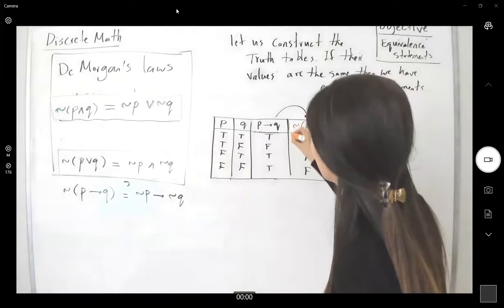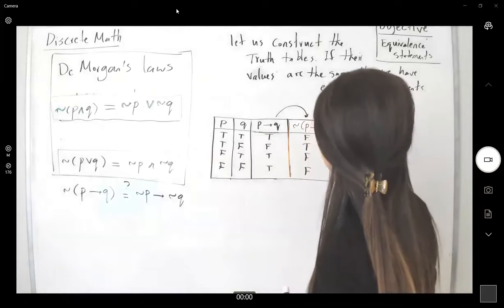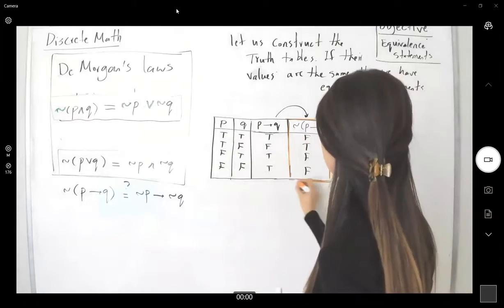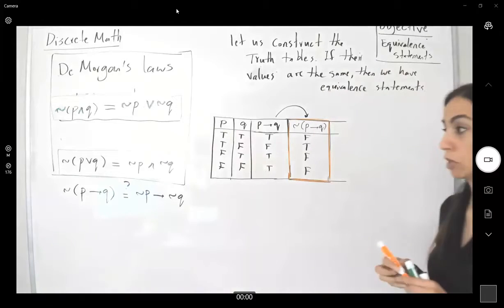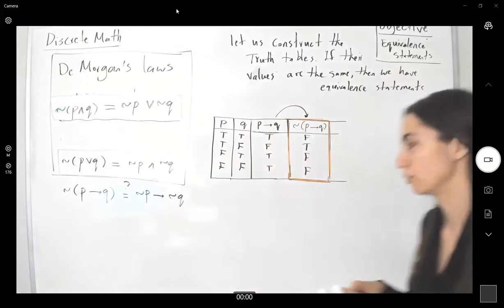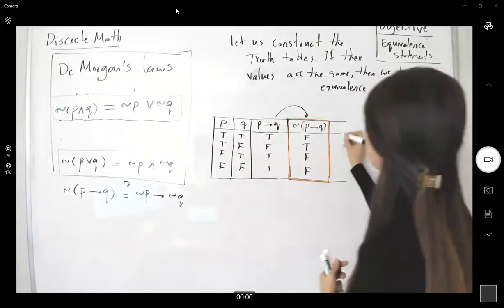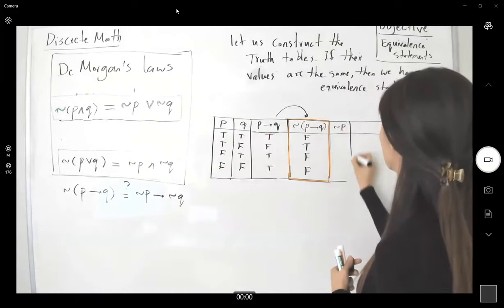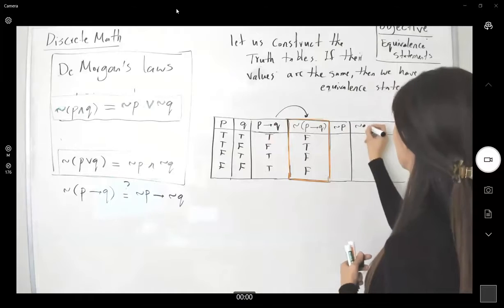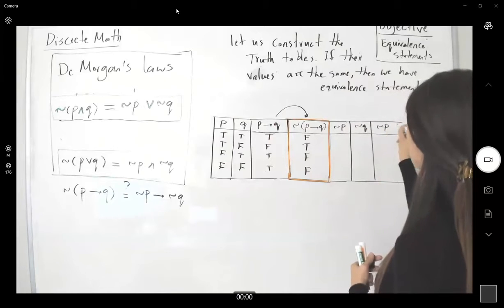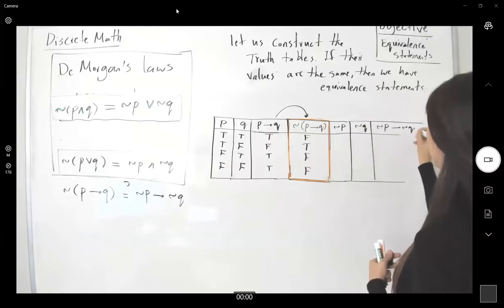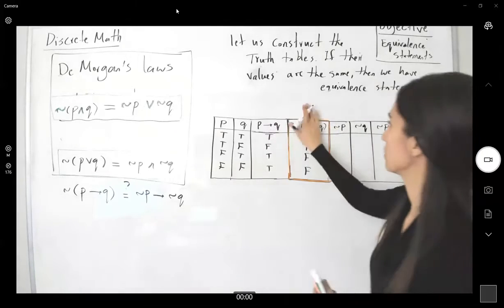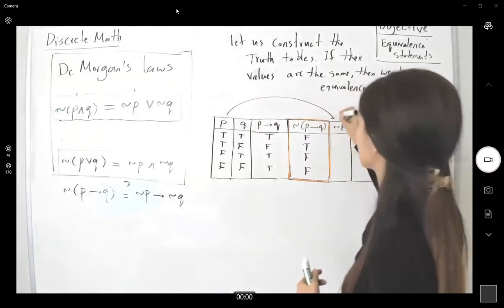So let's use a different color to highlight this column on the left-hand side. Then we have not P, then not Q. So we need the negation of P, the negation of Q, and the negation of P then not Q. So let's take a look at P and its negation.